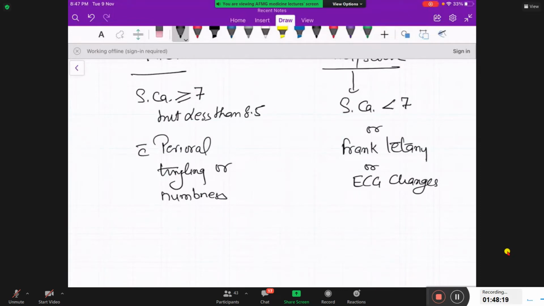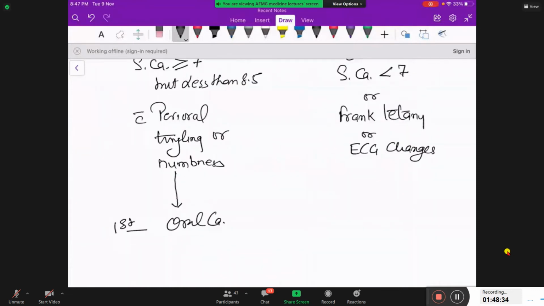It is total serum calcium, not ionized. Total serum calcium, right? In this scenario, the first line of management is oral calcium. In this scenario, the first line of management is IV calcium. Important point.